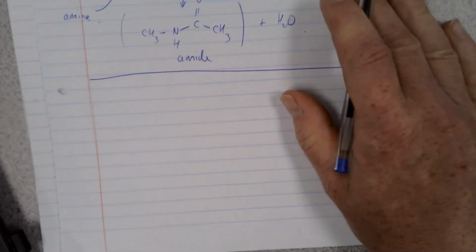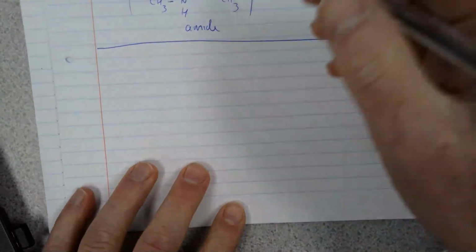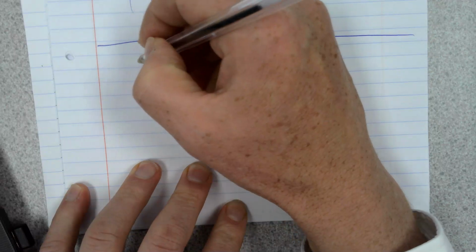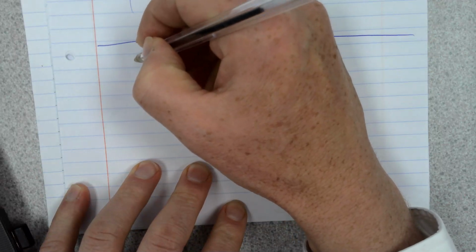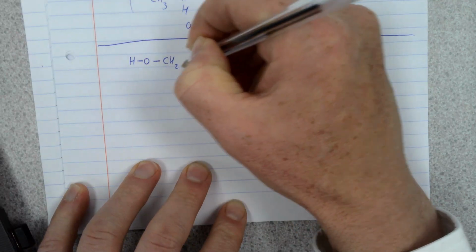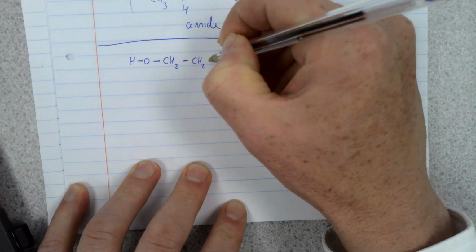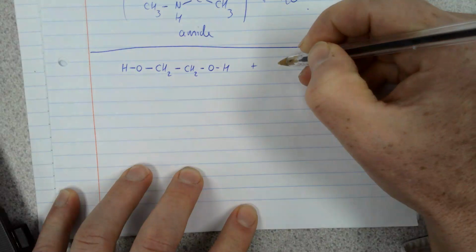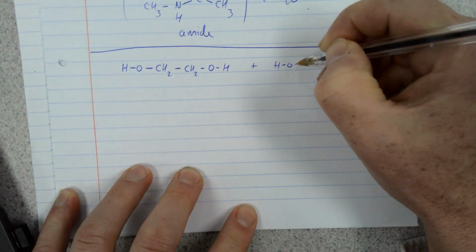All right. Okay, so what about, instead of having a simple alcohol, how about we have a di-alcohol, or what we call a diol, and there's the diol, and react that with a dicarboxylic acid or a diacid.